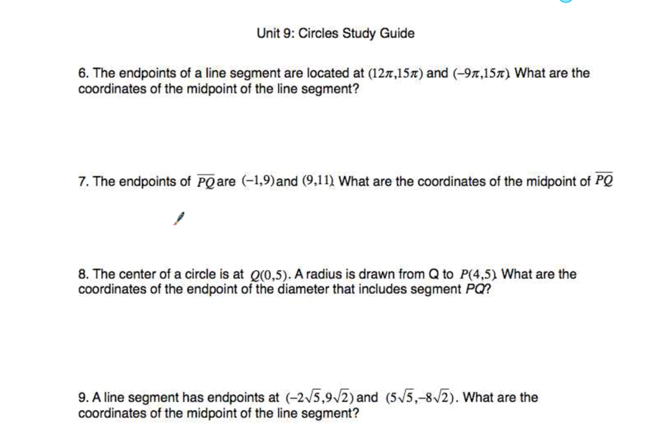On number 6, it says the endpoints of a line segment are located at (12 pi, 15 pi) and (negative 9 pi, 15 pi). What are the coordinates of the midpoint of the line segment? Again, you're finding the midpoint. To do midpoint, you're going to use the midpoint formula, (x plus x over 2, y plus y over 2).